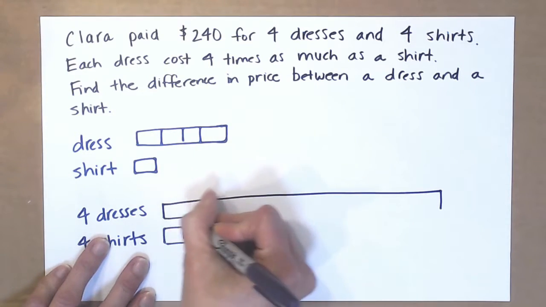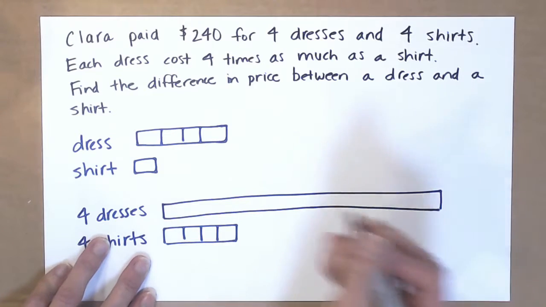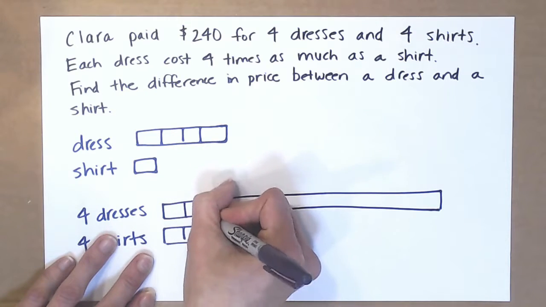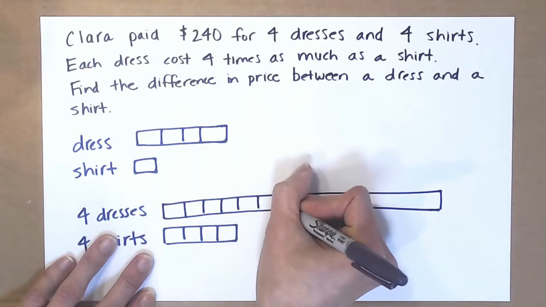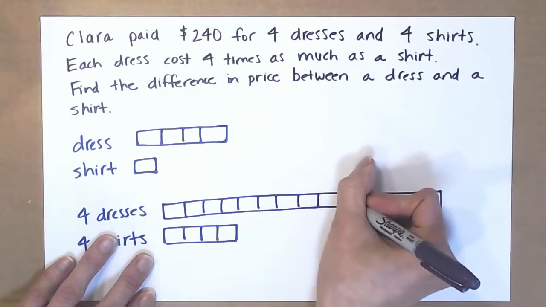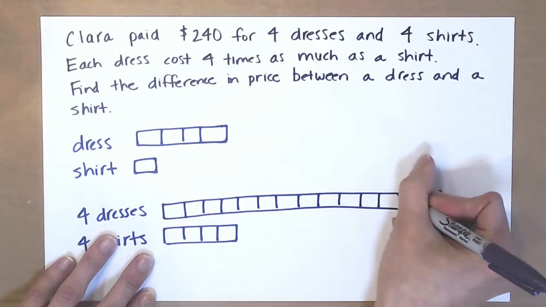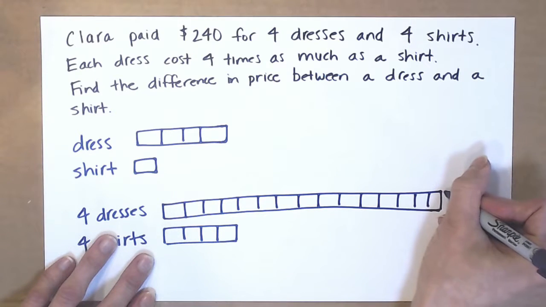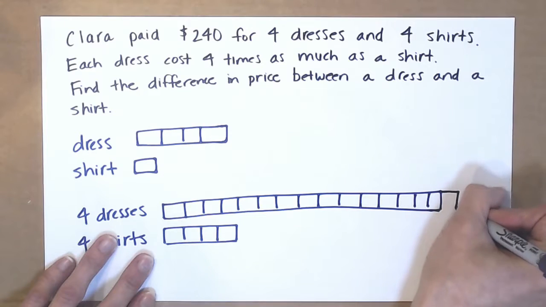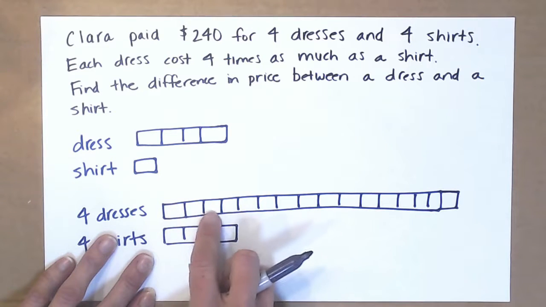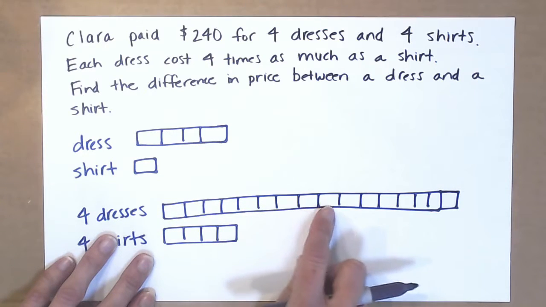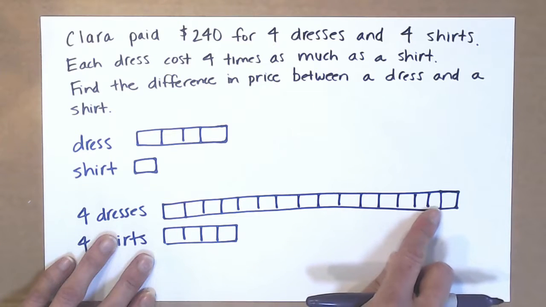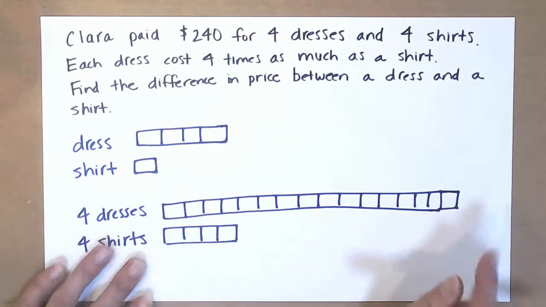Now this is going to be tricky to see if I can do 16 parts. Let me check here. 1, 2, 3, 4, 5, 6, 7, 8, 9, 10, 11, 12, 13, 14, 15, 16.